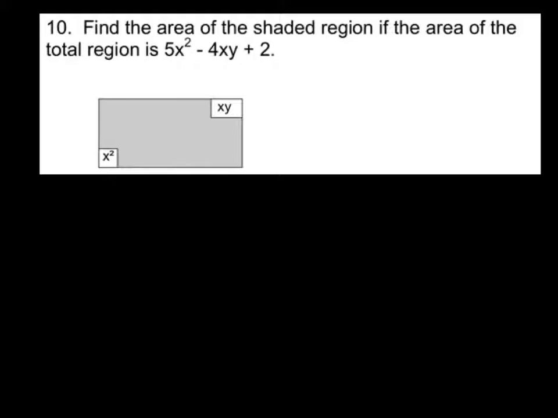So I know that I want to subtract x squared, and I also want to subtract xy. Those are these little pieces inside my rectangle that I don't need. Notice there's no constant being subtracted from 2, so I just get to bring down that 2. So it's positive 2.